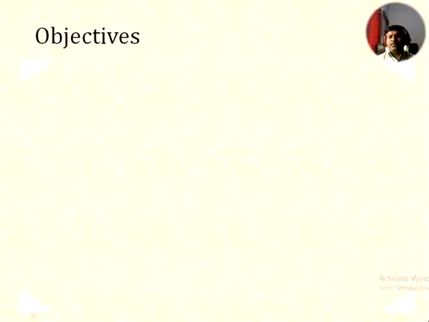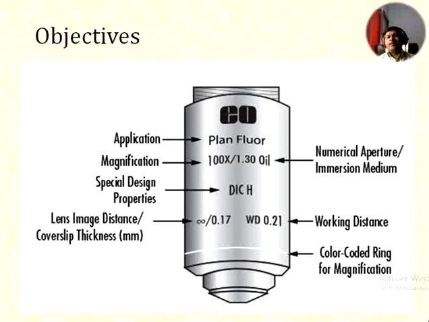Okay, so this is the diagrammatic representation of the objective lens. See here, this is the objective lens. This lens is used for plan flour, and the magnification power of this lens is 100x, and the numerical aperture of the immersion medium is 1.30. This objective is specially designed.